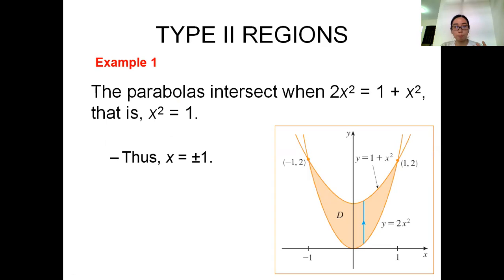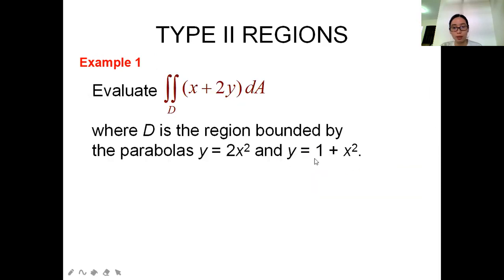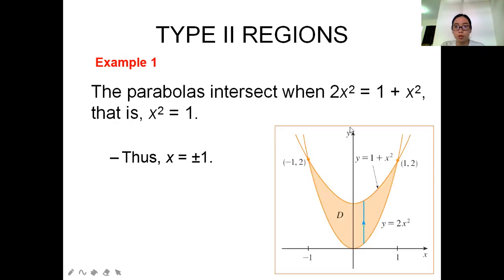So when 2x squared is equal to 1 plus x squared, we equate them, having the same value of y, so 2x squared is equal to 1 plus x squared.